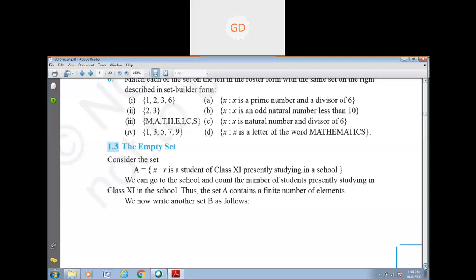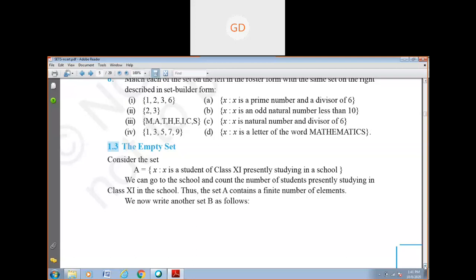So when you define a set properly, you are able to define the elements of a set, but if you go to pick up the elements on the basis of that definition, you do not find any elements.